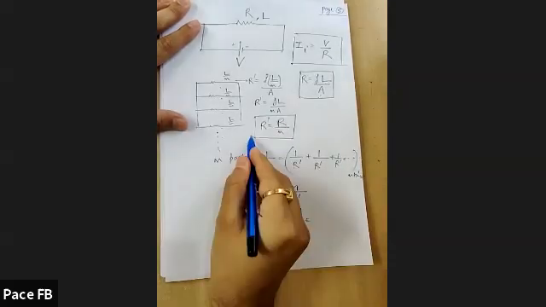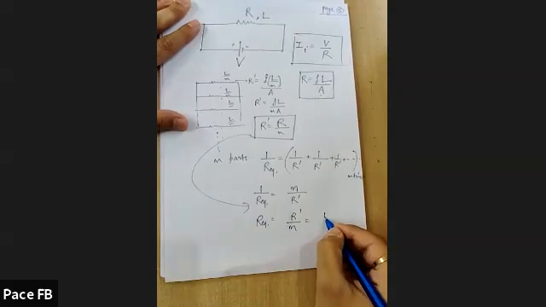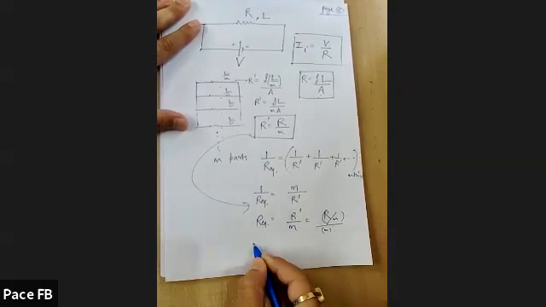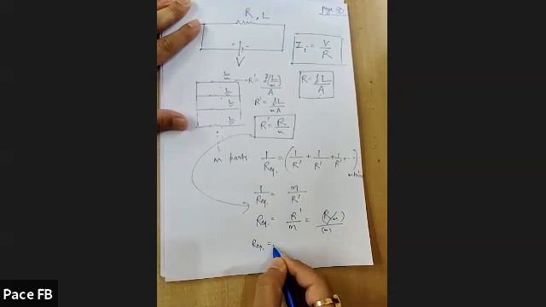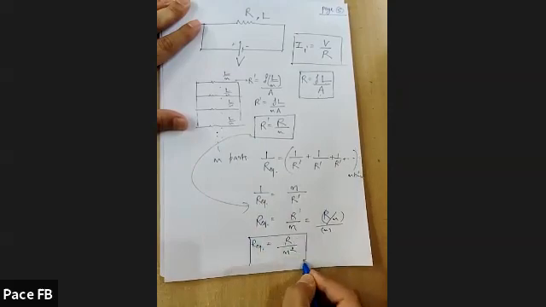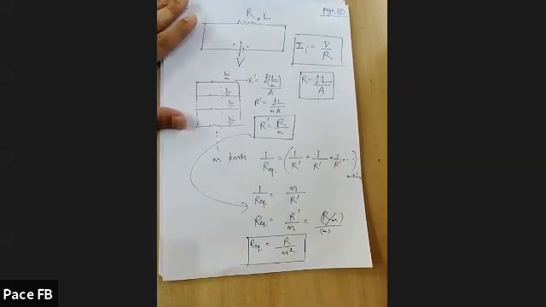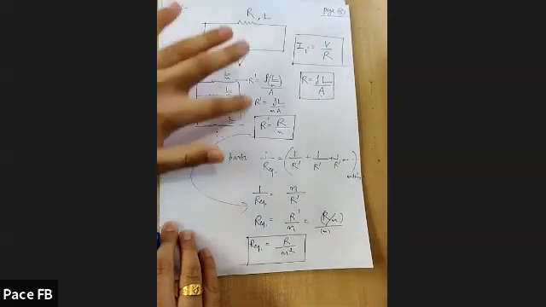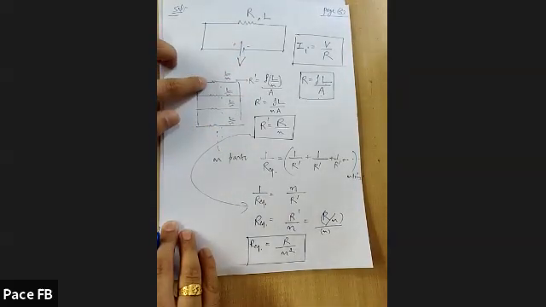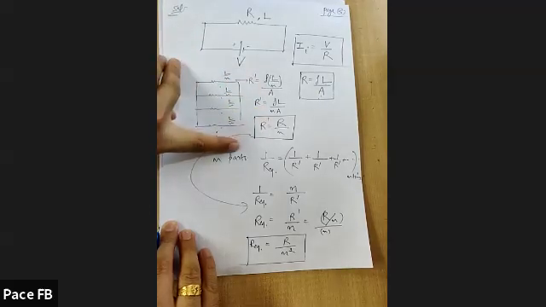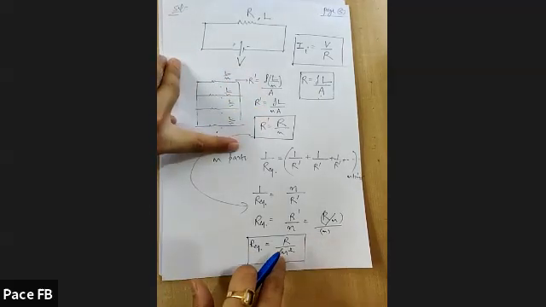Put the value of R dash here. R dash is R by N, so R equivalent comes out to be R upon N square. So when this wire is cut into n equal parts and all parts are connected in parallel, the resistance of the single part R dash comes out to be R by N, and n such parts are there, so R equivalent comes out to be R by N square.